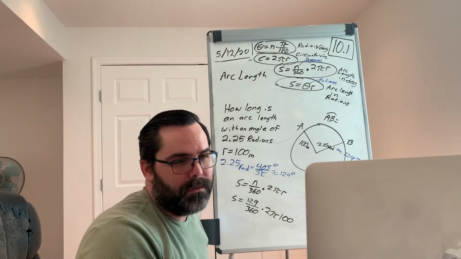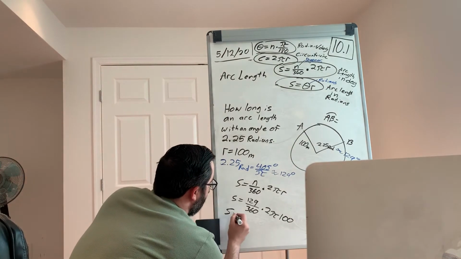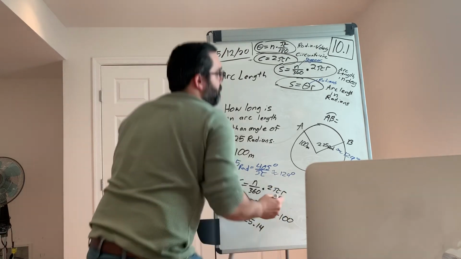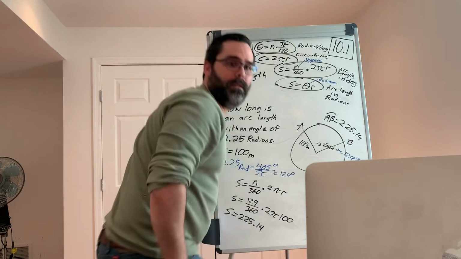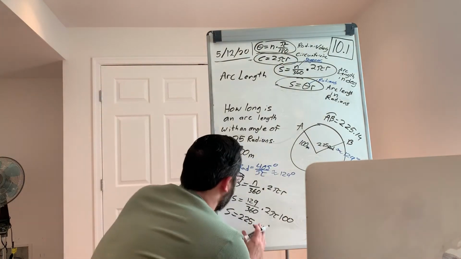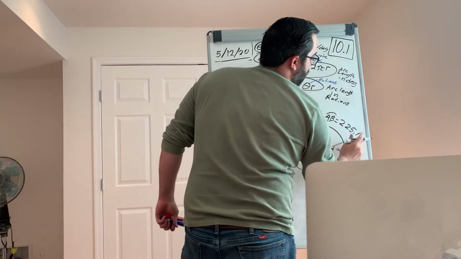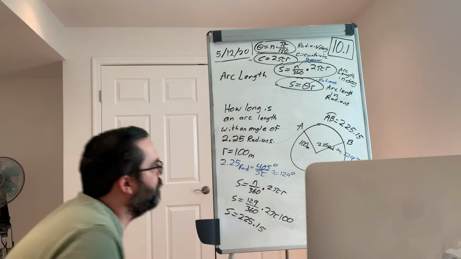And we get 225.14. So S is 225.15, if you round correctly. Meters.